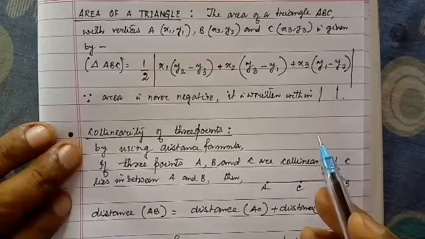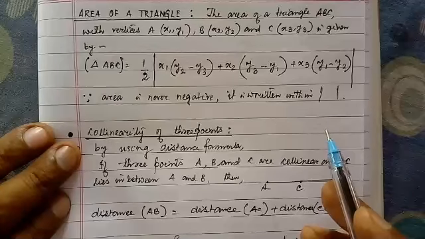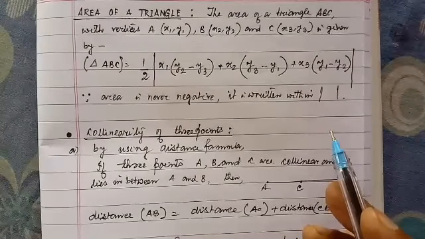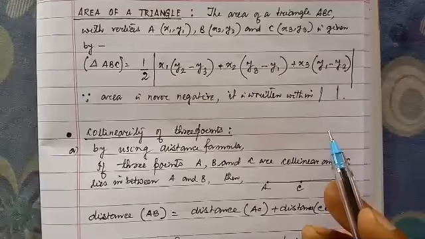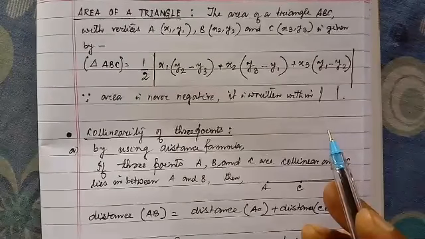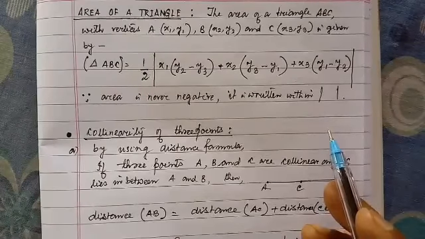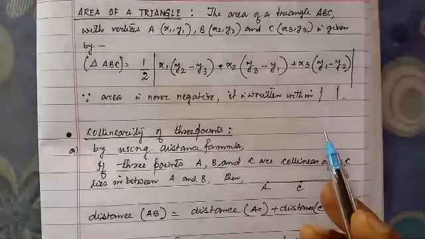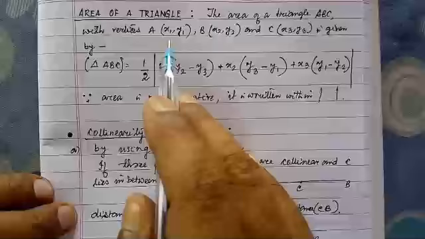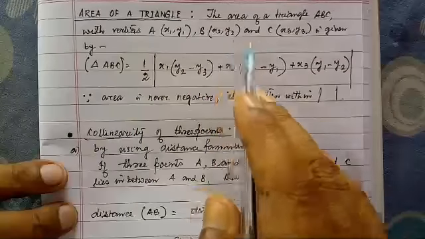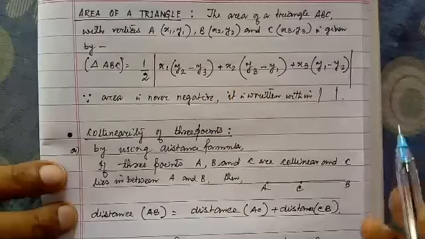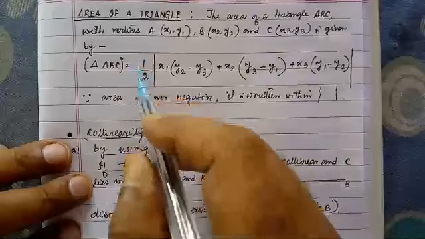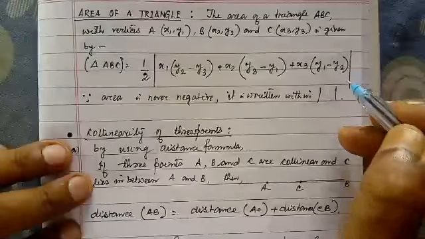Now, area of a triangle. If the vertices of triangle ABC are (x1, y1), (x2, y2) and (x3, y3), then the area of the triangle is given by 1 by 2, then this bar is the modulus.